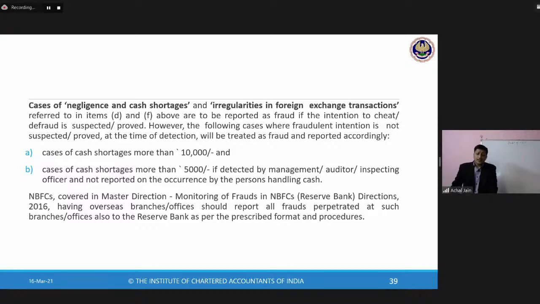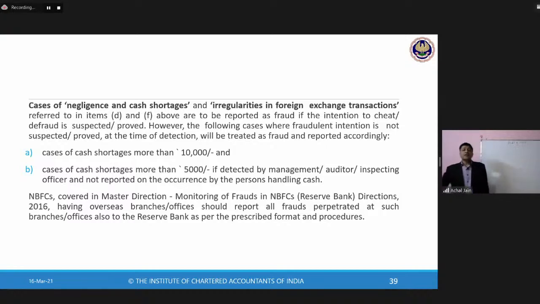And these were not reported on the occurrence by the person who was handling cash. So there was a cash shortage of 5,000 and the person handling cash did not report it. When both these criteria are fulfilled, then these will be reported as fraud at the time of detection only, even if those are not proved. But the other ones will have to wait till the time those are proved.